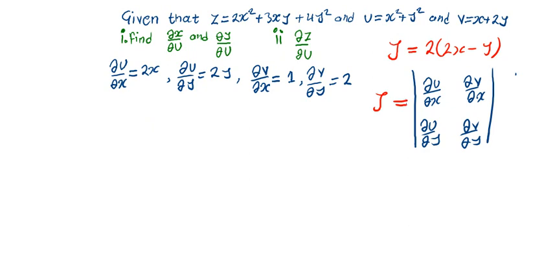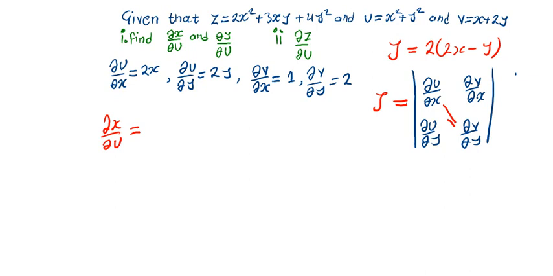Okay, so now let's determine our partial of x with respect to u. How this is going to be is that your partial of x with respect to u is just going to be equal to, so remember, here you have your partial of u with respect to x, but you want your partial of x with respect to u. So what you're going to use is what is down here.